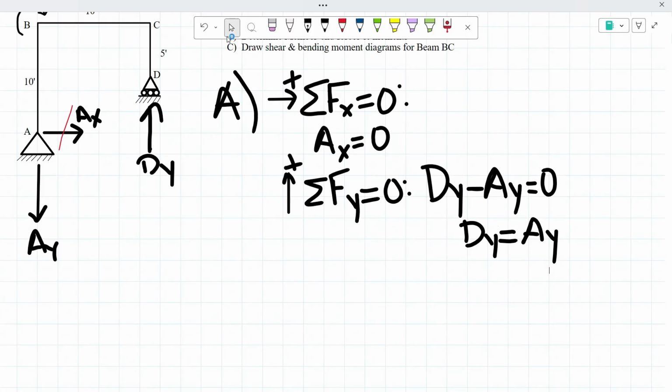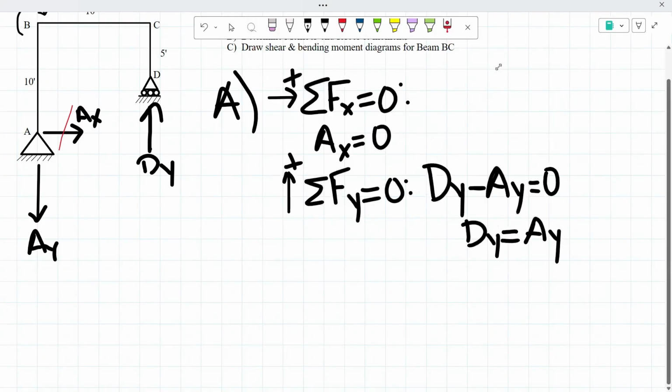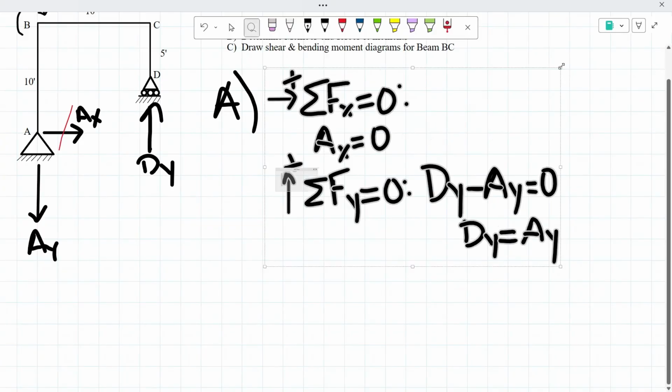Once again, let's make this a bit smaller. It does not want to get smaller. Okay, that's fine. Anyways, as I was saying, our moments also have to equal 0.